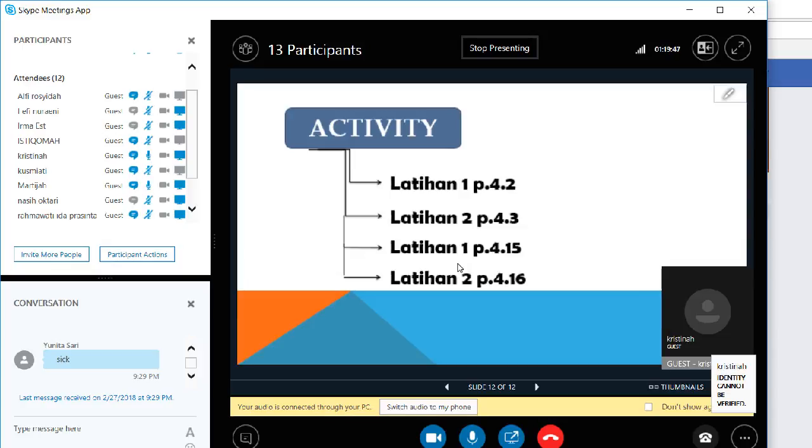Conditional sentences usually have two clauses, a main clause and a subordinate clause. So we might find two subjects and two verbs here.